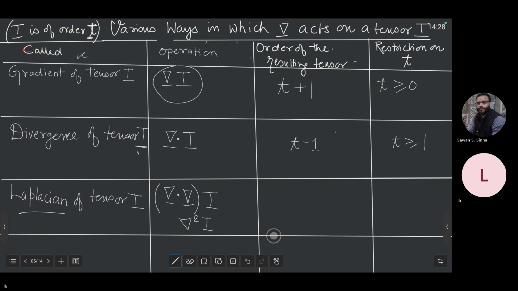Any guess? T. Very good. You have studied this in another class? Oh, okay. That's very nice. You are able to visualize. Any restriction on T? No restriction.